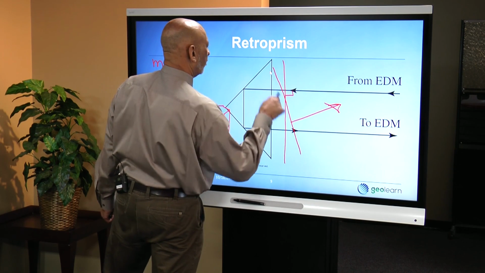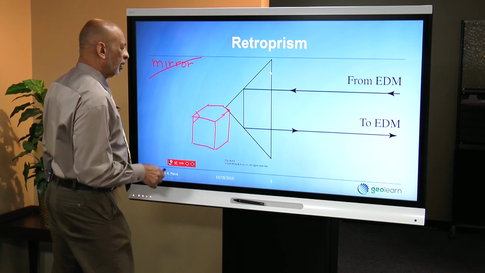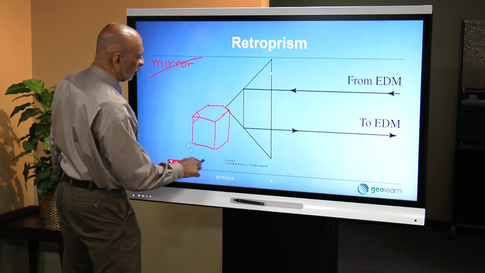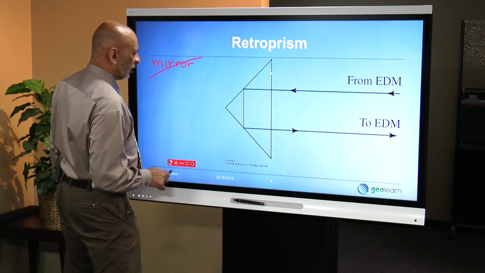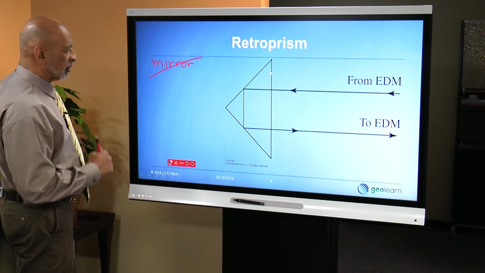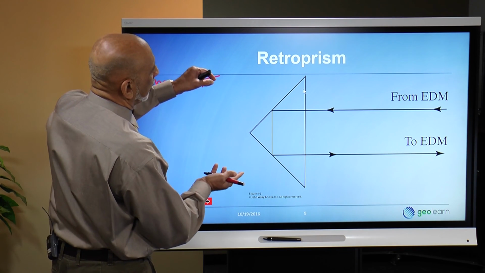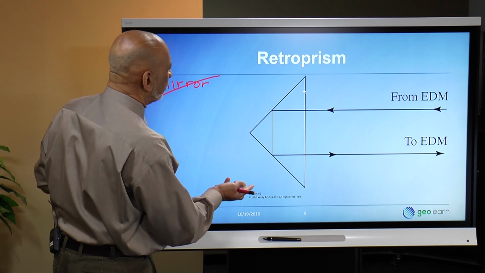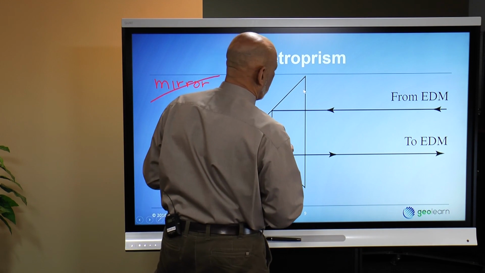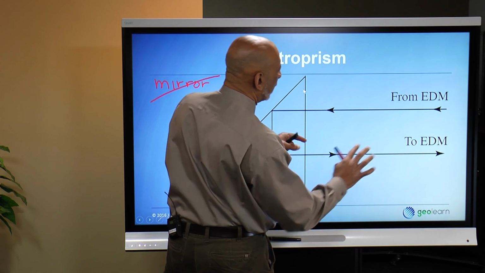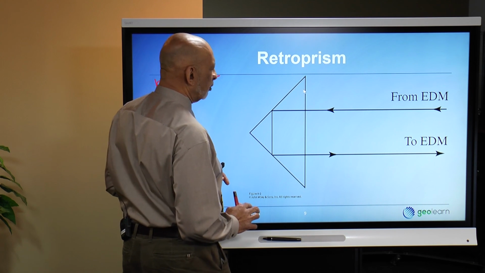It's a retroreflector or a retroprism, and sometimes they're referred to as corner cubes, and that's why I drew this particular illustration. The interesting thing is, even if that aiming of the reflector is not perfect, this arrangement causes the light to go back in the direction that it came from.